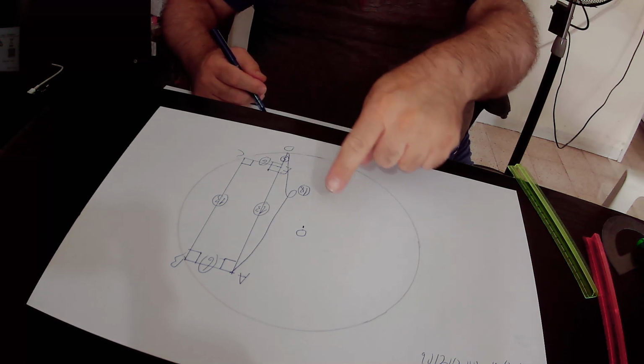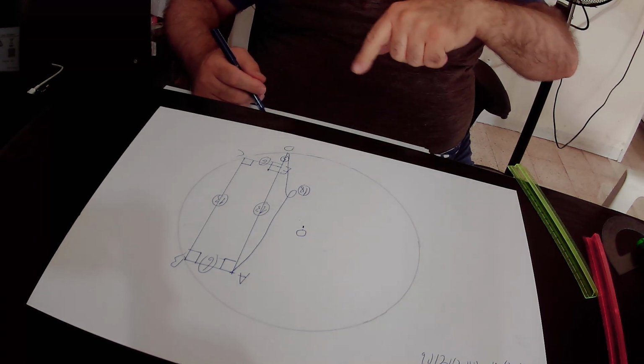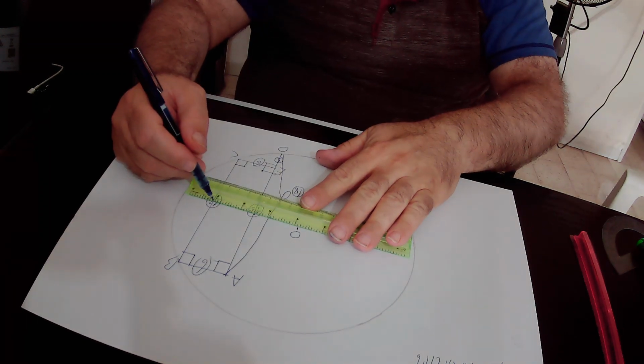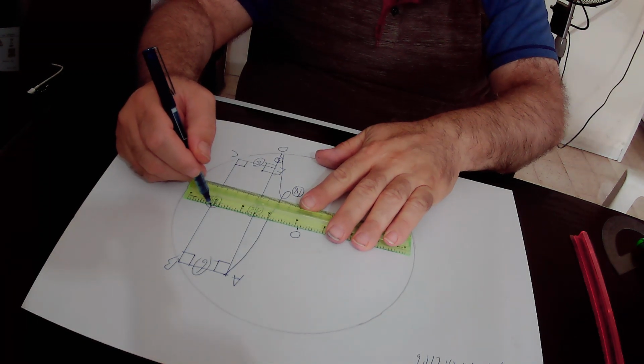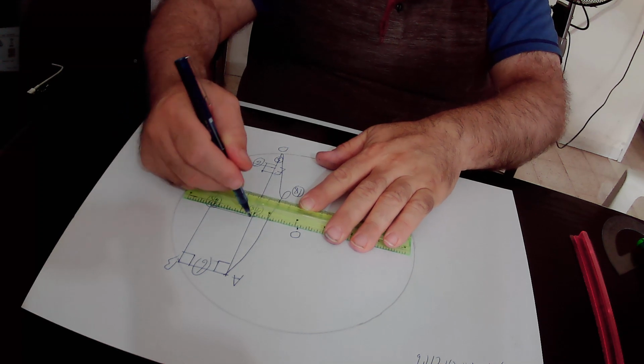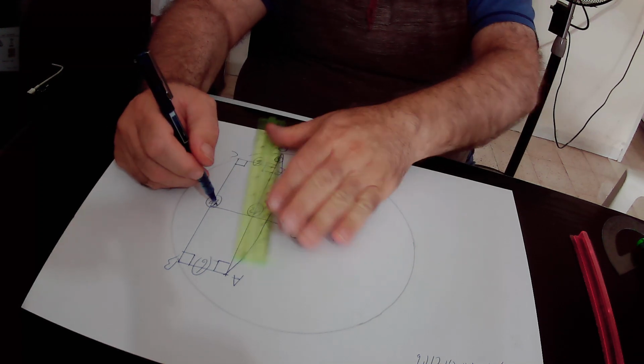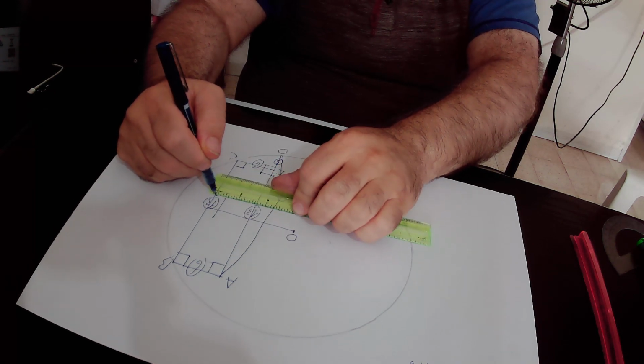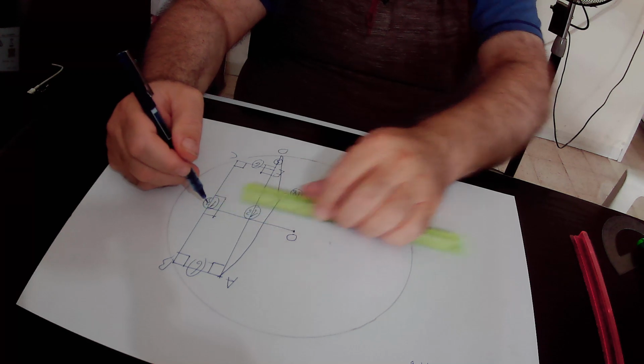That is to say, from point O we will draw a perpendicular on chord BC. So this angle equals 90 degrees and this angle equals 90 degrees according to our construction.